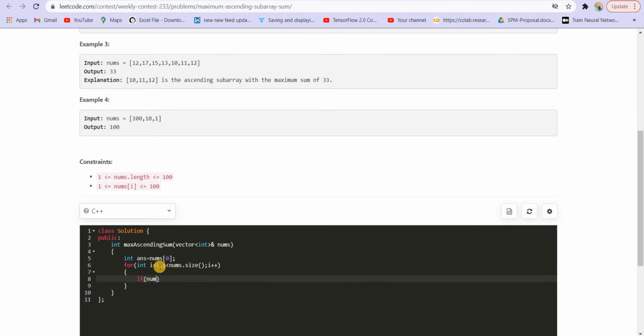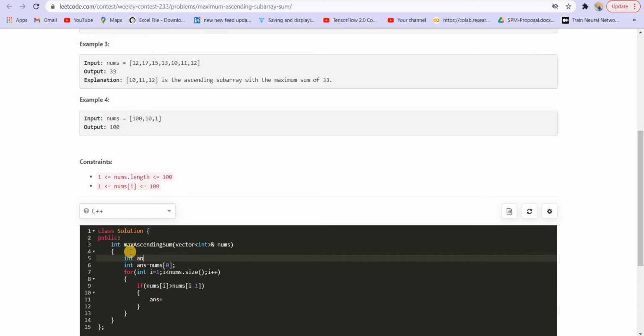Now if nums of i, this current element, is greater than the previous element, nums of i minus 1, then in this case it is increasing. So int, let me make this the answer. This will be the maximum of all those summations that we are going to do for the increasing subarrays. So this is the answer and this is the summation that I'm keeping. Summation plus equal to nums of i.